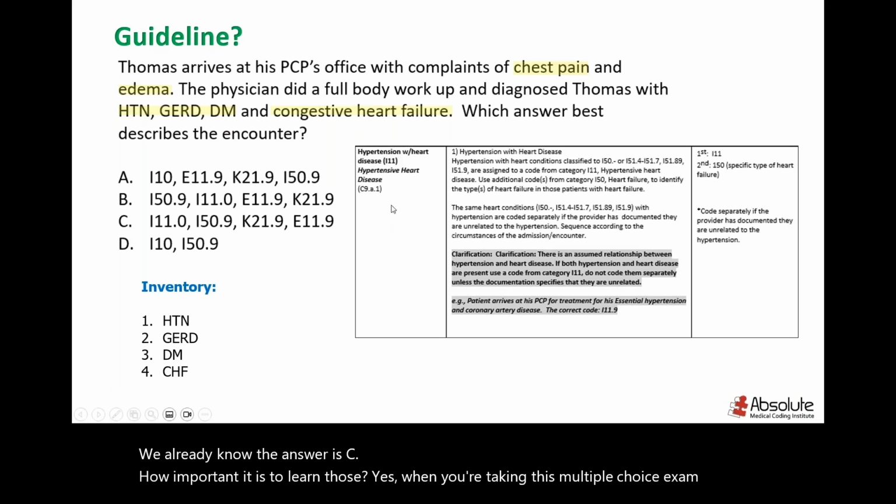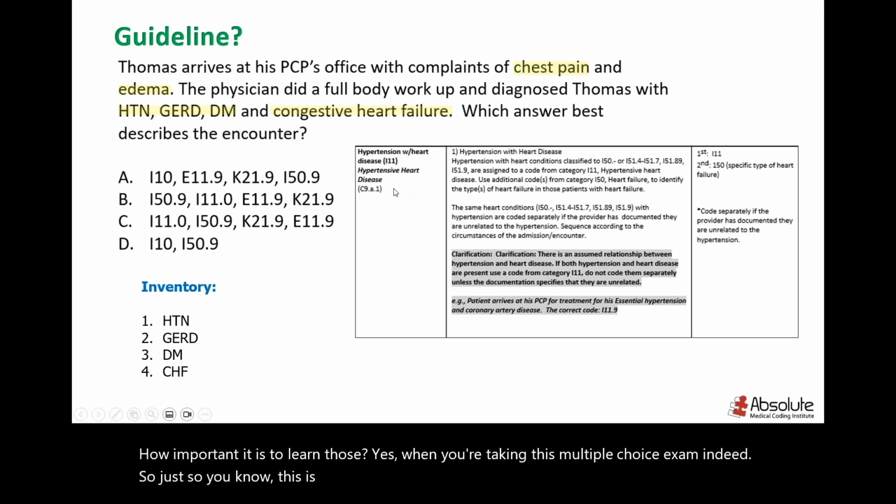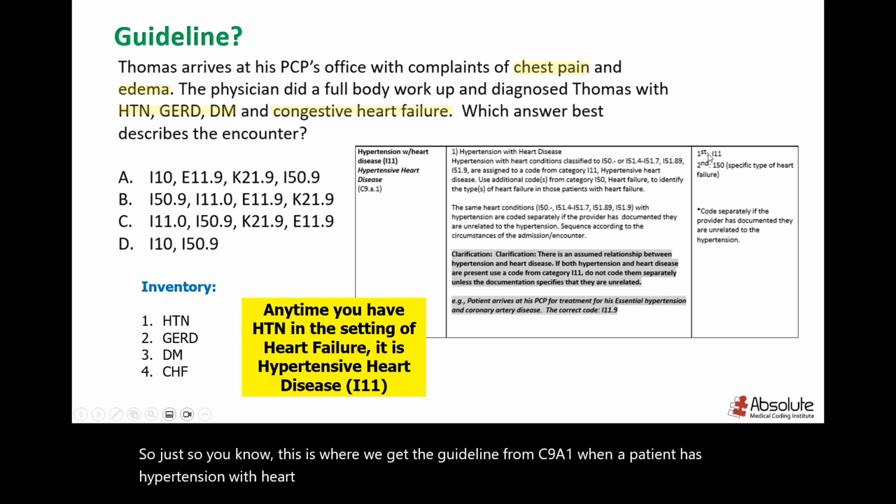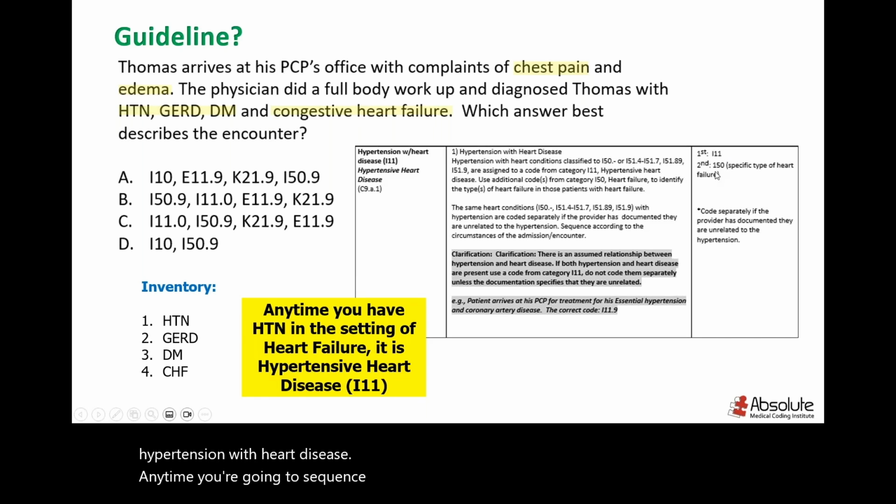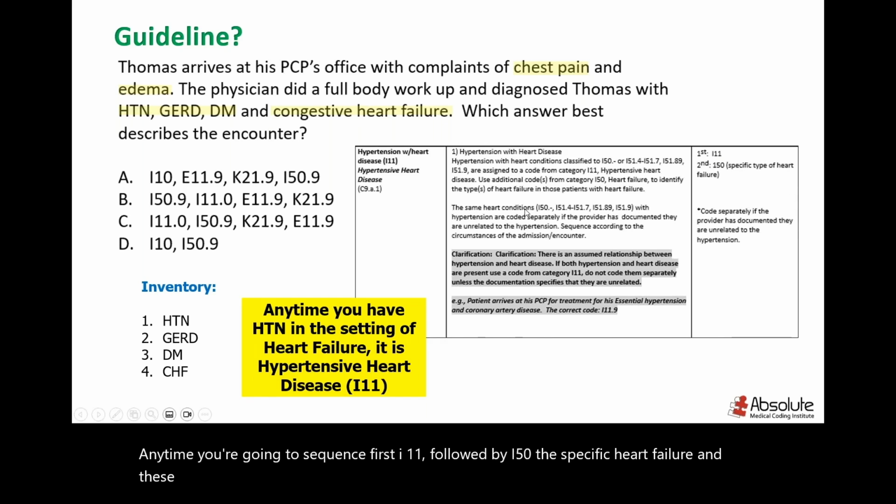So just so you know, this is where we get the guideline from, C9A1, when a patient has hypertension with heart disease. Anytime, you're going to sequence first I-11 followed by I-50, the specific heart failure. And these are all of the conditions.